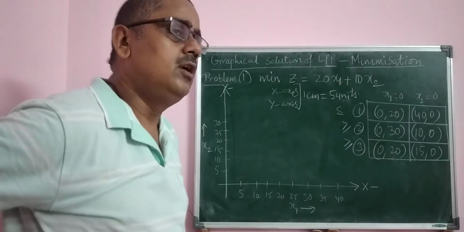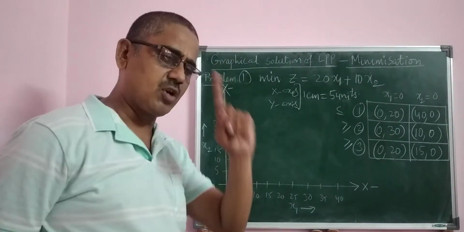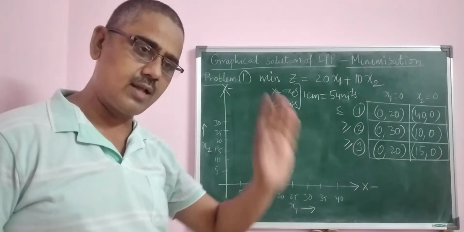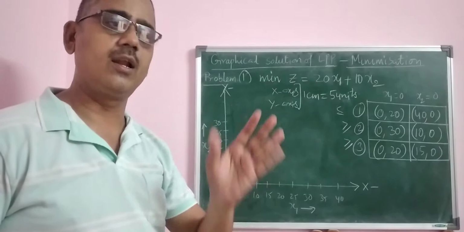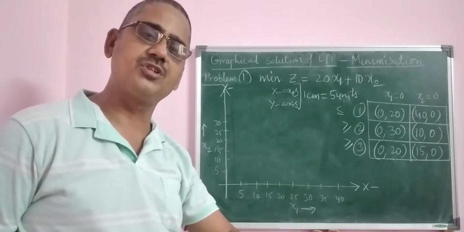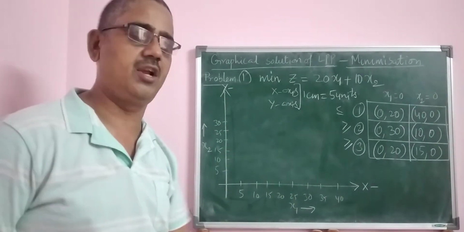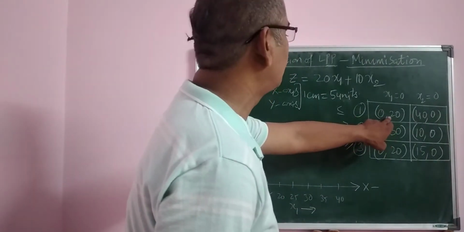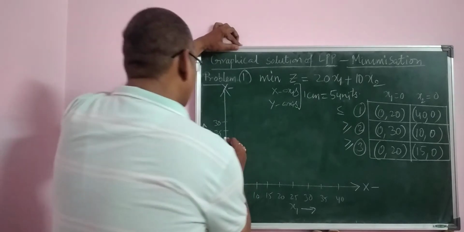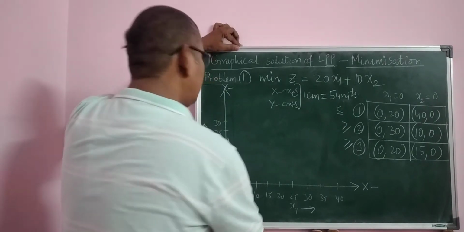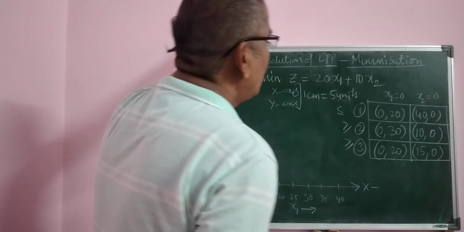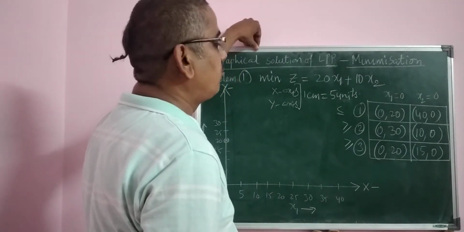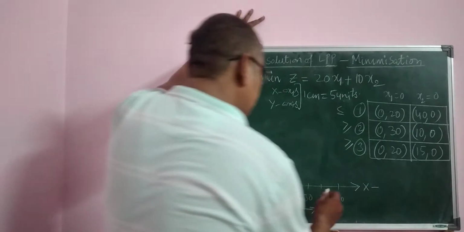Now for a particular equation, equation 1, I draw the 2 points, then I draw the straight line, and I write the number of the equation and the inequation of the constraint. This is the procedure. For equation 1, the first point 0, 20 is here, and the other point 40, 0 is this point.